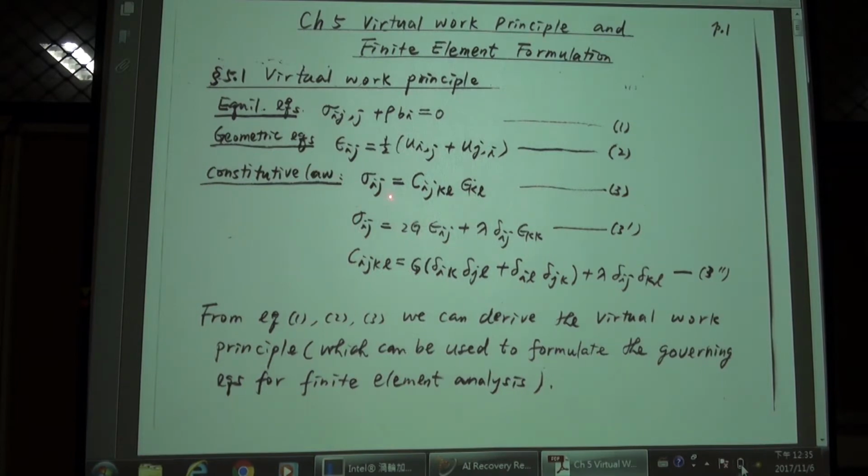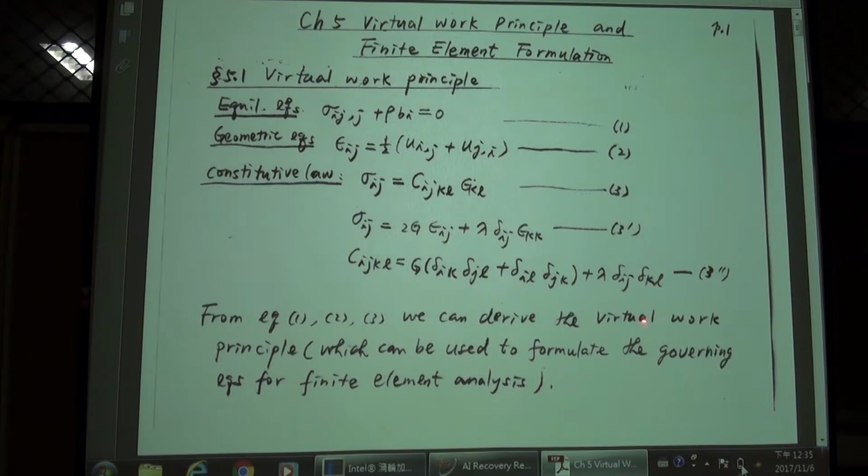Remember that there is a different expression of the Constitutive Law. Okay, this one, and this one. I want to emphasize that in the formulation of finite element analysis, we need to have all of these three sets of equations.